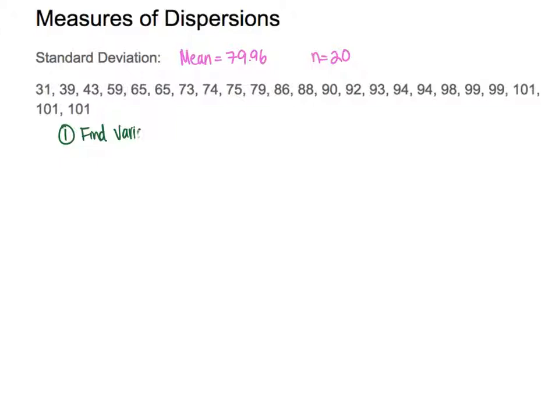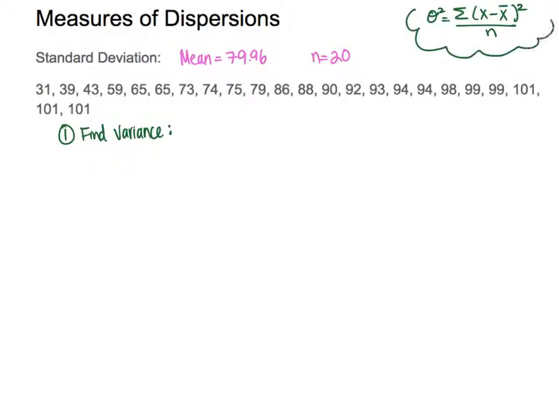So you have to calculate the variance first. The variance formula, I'll write it here to the side: variance is sigma squared, the summation of x minus x-bar, which means the mean, over the number of terms.